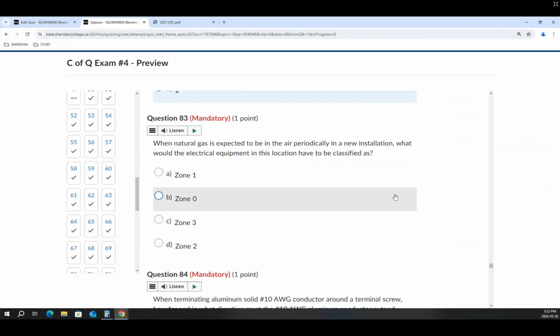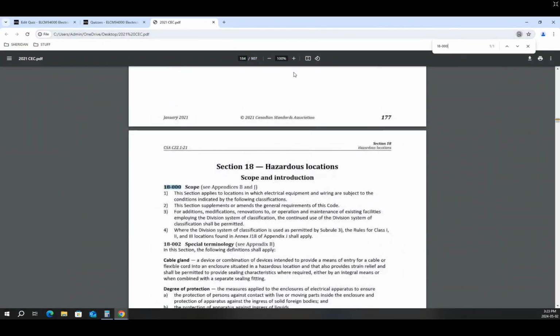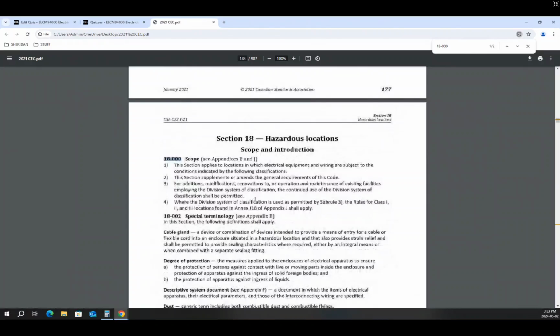When natural gas is expected in the air periodically in a new installation, what would the electrical equipment in this location be classified as? That's going to be the 1800. Hazardous locations.